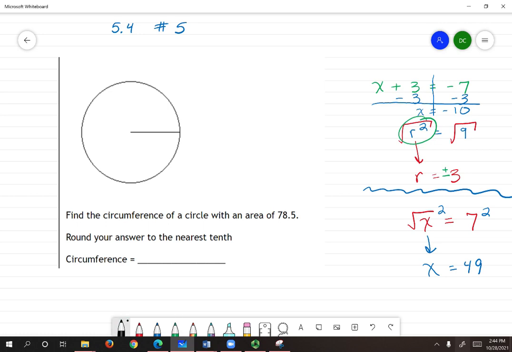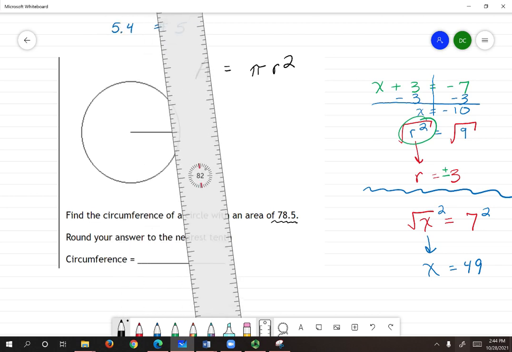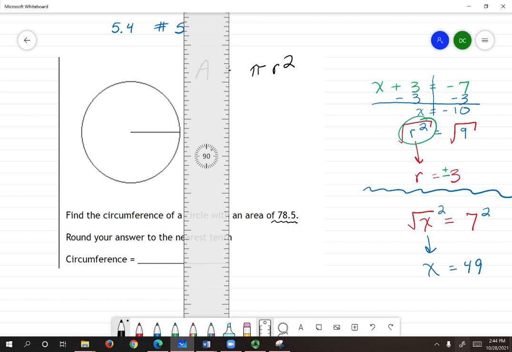All right, let's get to this problem. It says to find the circumference of a circle with an area of 78.5. Now the area of a circle is equal to pi times the radius squared. I'm going to draw my little line here and fill in everything that I've got.